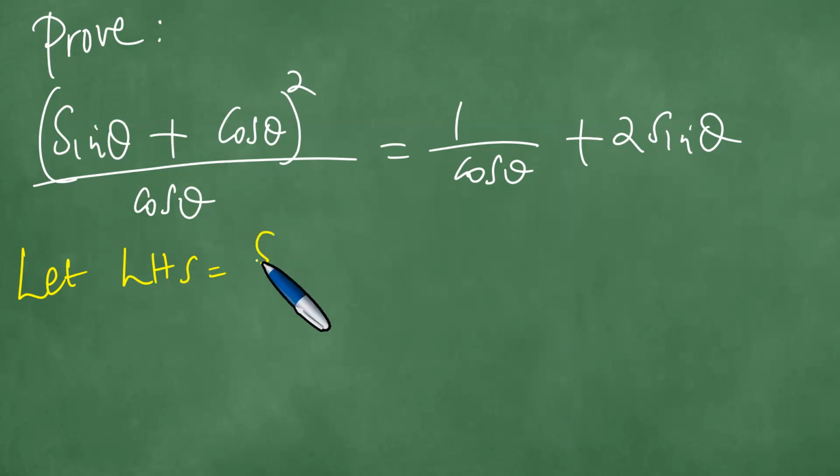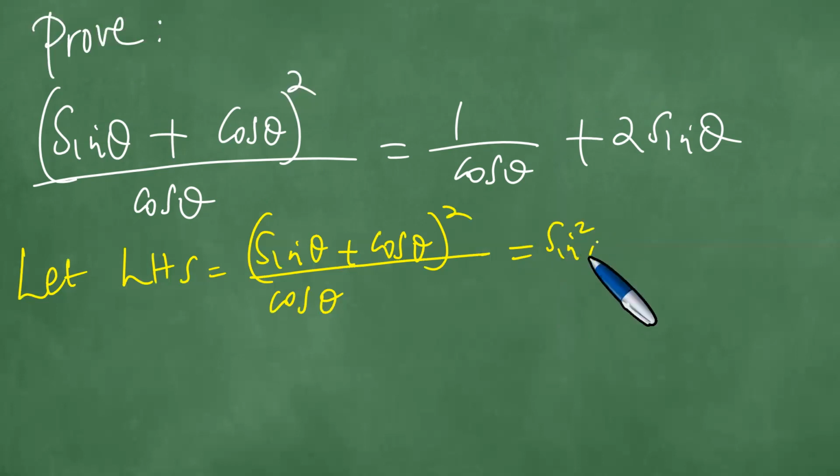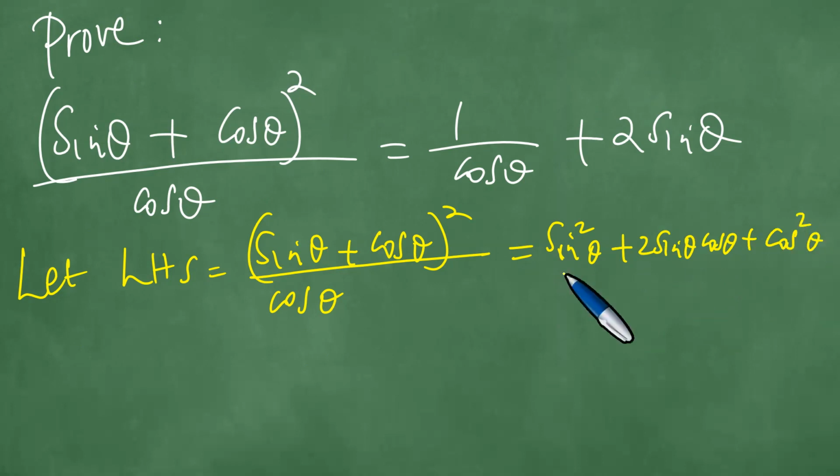So you have the left-hand side, which is sine theta plus cosine theta, squared, divided by cosine theta. If you square this, it's sine squared plus 2 sine cosine plus cosine squared, divided by cosine theta.